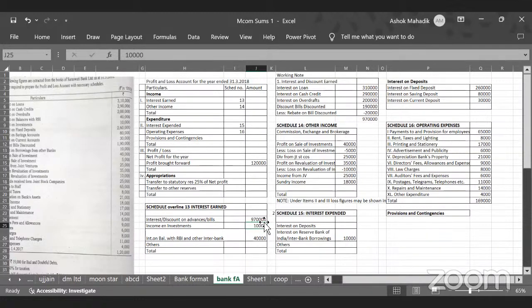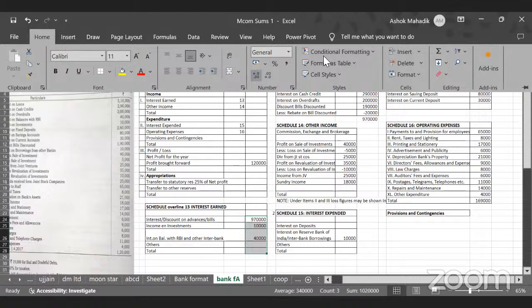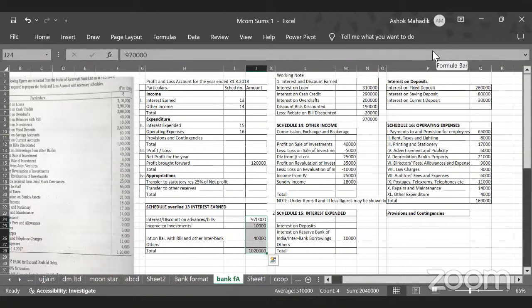So now we'll add the other items of schedule number 13, so as to get the total of schedule number 13. How much are we getting? 10,20,000 as our total. Have you understood this, students? You will put this against schedule number 13 in our income statement.